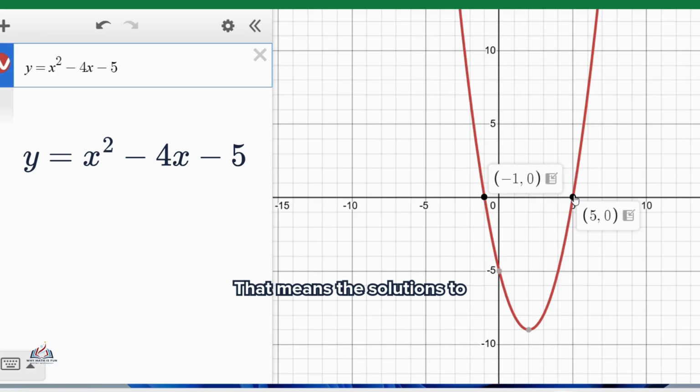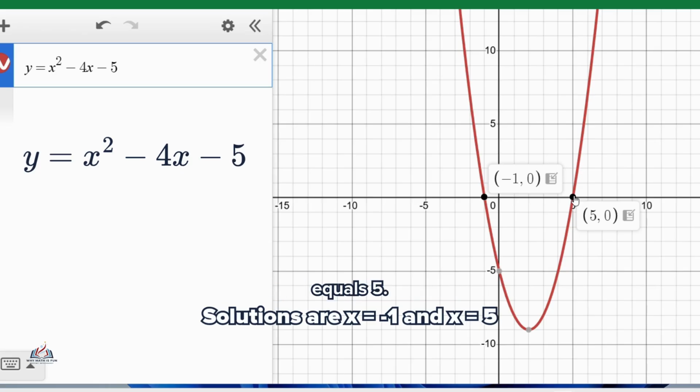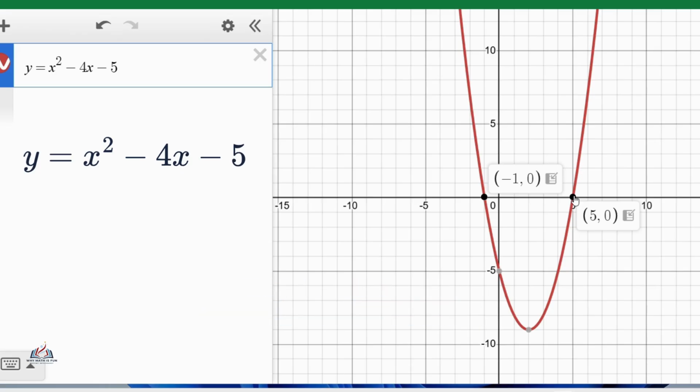That means the solutions to our equation, x squared minus 4x minus 5 equals 0, are x equals -1 and x equals 5. You just found where the parabola hits the ground, and those are your answers.